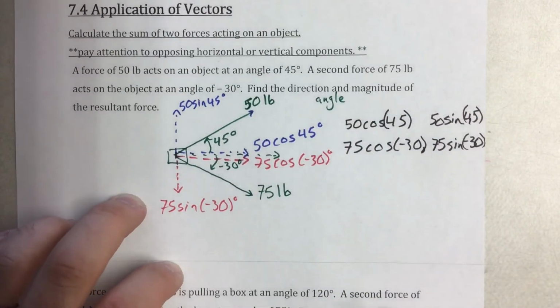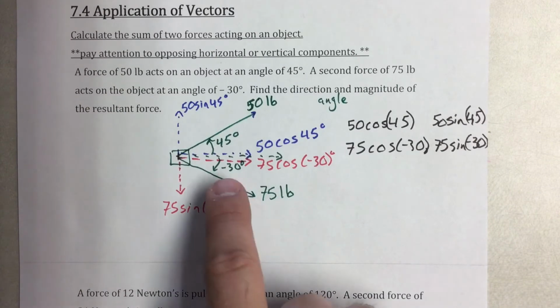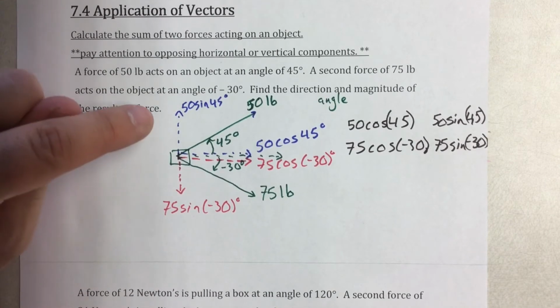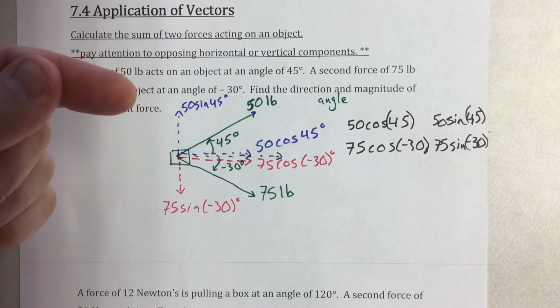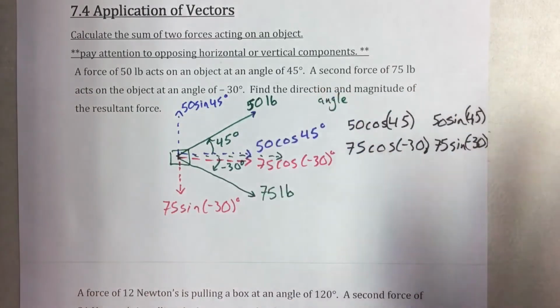If I included the negative on the angle, because the negative indicates that it's going in the opposite direction of the 45, we can just add our components. Whereas, if I treated this as a positive 30 degrees, I would need to recognize, and so would you, that the vertical component is going in the opposite direction as the other, so I would have to subtract them. But again, if I include the negative, it's done for me.